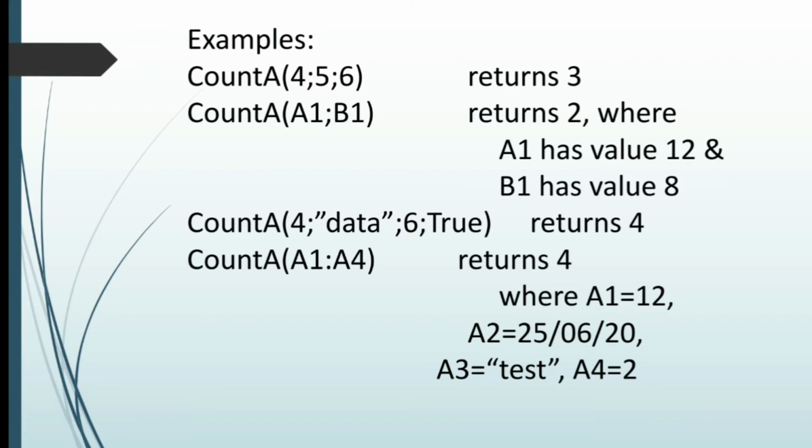So the value of COUNTA(4, data, 6, TRUE) is 4. COUNTA(A1:A4) returns 4, where A1 is 12, A2 is 25th June 2020, A3 is test, A4 is 2. So all the 4 values would be considered for counting and the count value is 4.